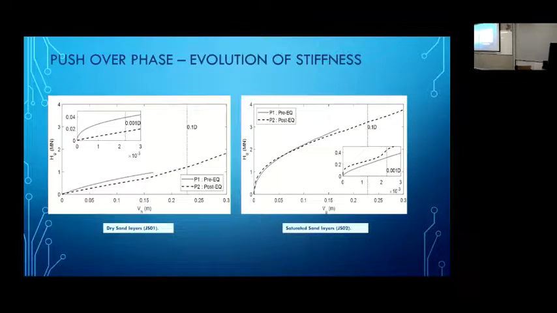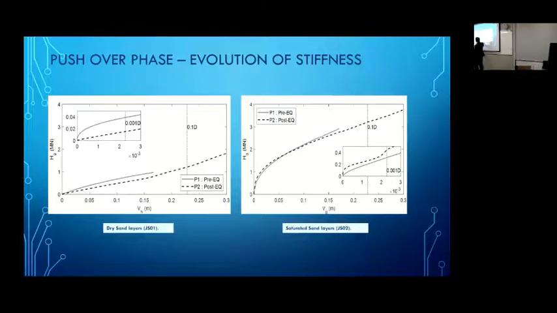But if I do the same thing in the saturated case, you can see the post-earthquake stiffness is higher than the pre-earthquake case. Now, this kind of information is extremely important when you're designing these things. Given that these things are actually sitting below the sea, of course, the soil is fully saturated.